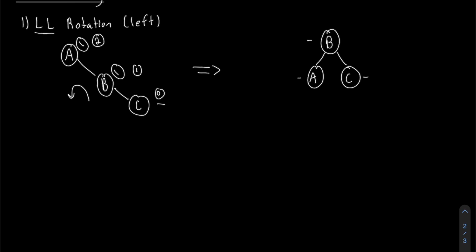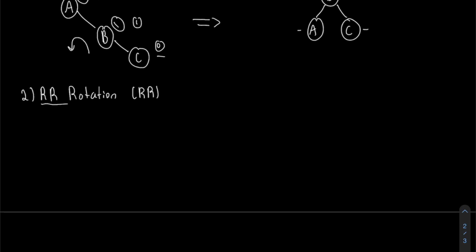Let's take a look at the right rotation case. Let me add some separation up there. And if we look at the not necessarily right rotation, but right rotation case, or RR, what that ends up looking like is you have a C at the top, a B to the left, and an A to the left.